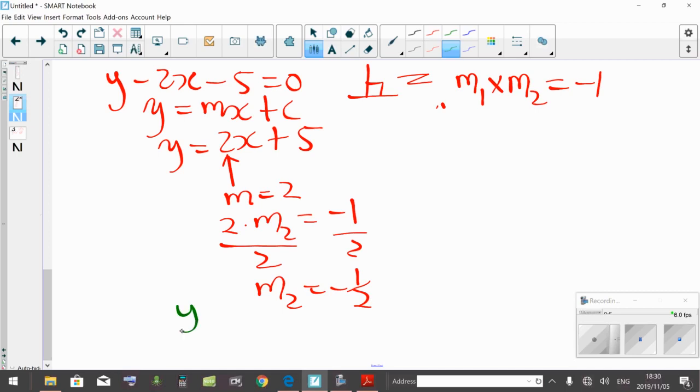I'm going to use this format: y minus y1 is equal to m into x minus x1.